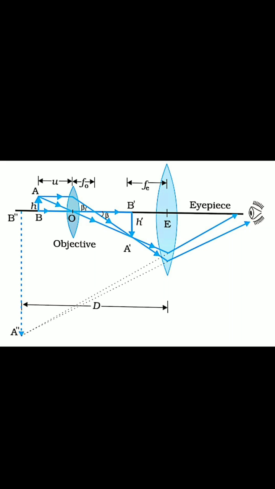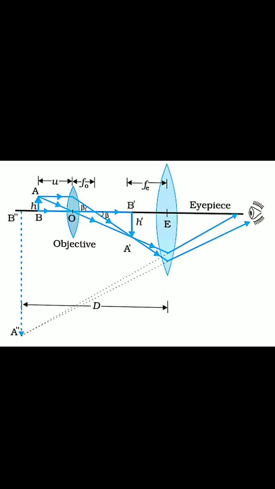Whenever we find the magnifying power of a compound microscope, we first find the magnifying power of the objective lens, then that of the eye lens, which we take as the magnifying power of a simple microscope because it behaves as one.